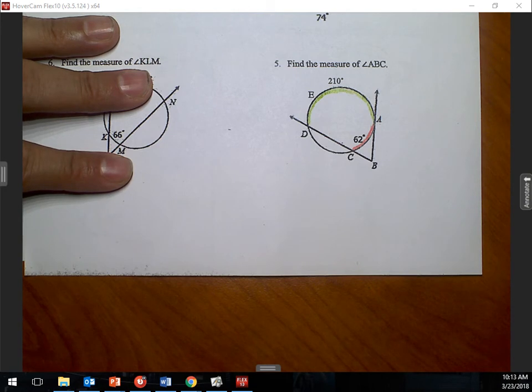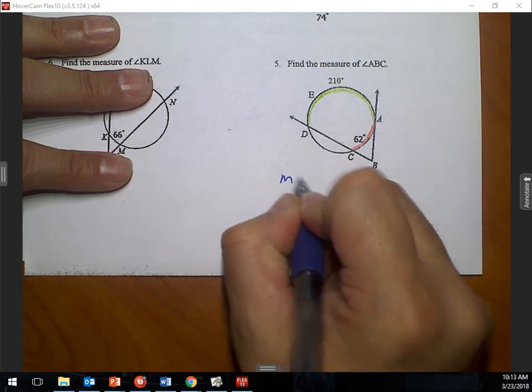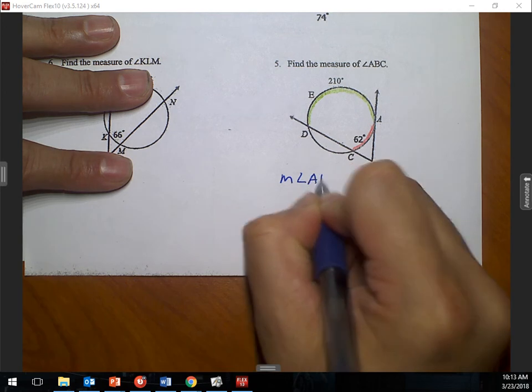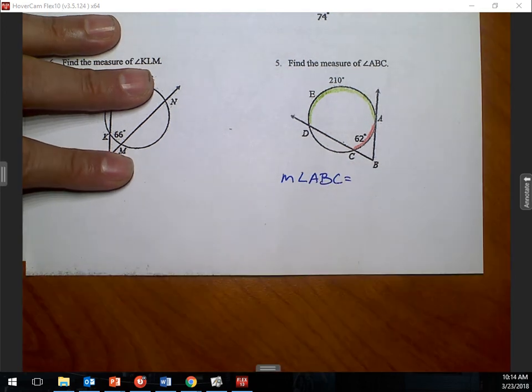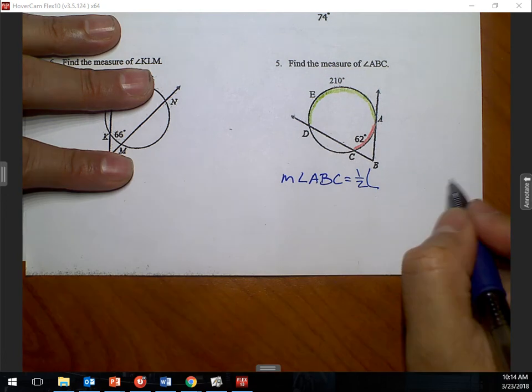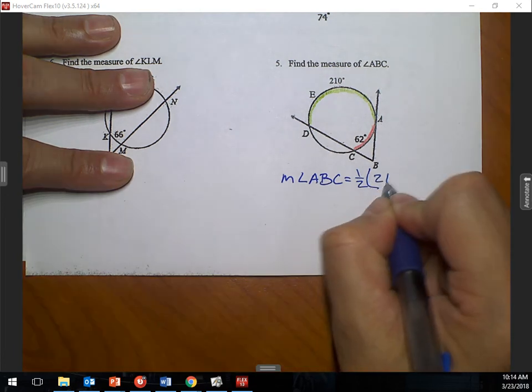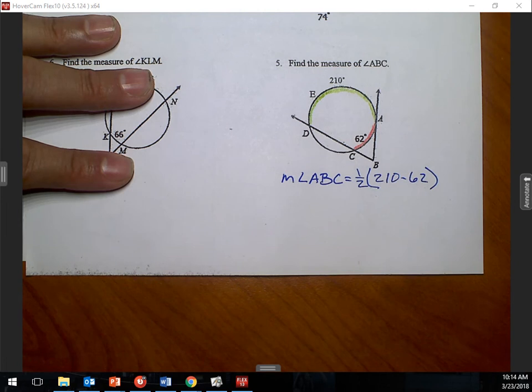This is from 52. So, measure angle ABC is equal to, what am I writing? 210 minus 60. 1/2, parentheses, minus 62, right? It's that easy.